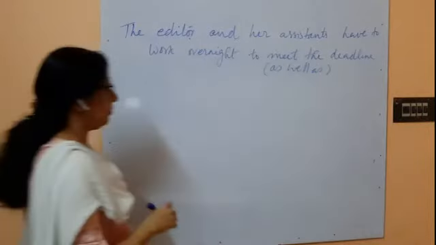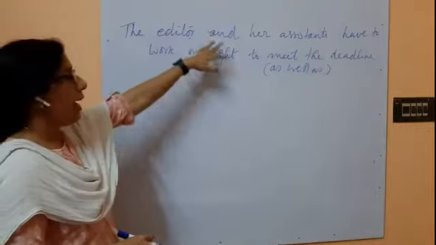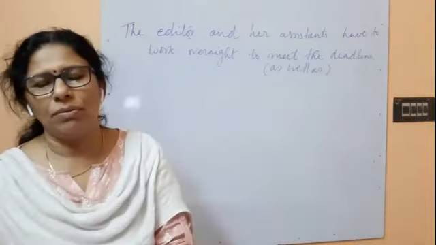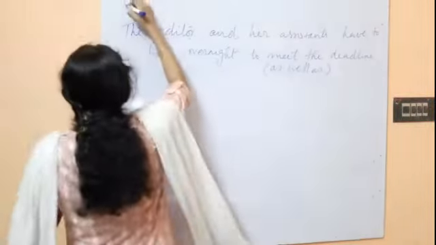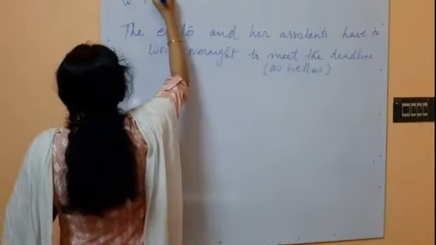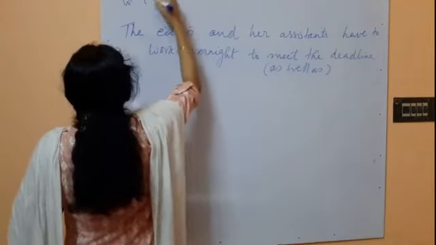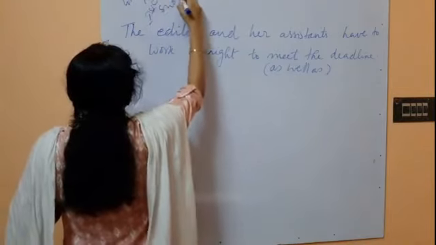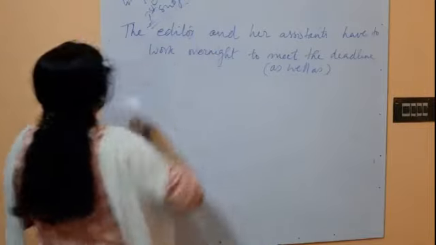It's very simple. Okay. But you have to remember the rule. In subject verb agreement we have studied that with "with" or "as well as", the verb agrees with the first subject.